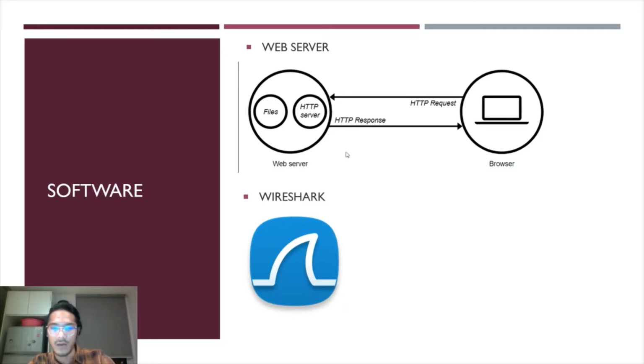For the web server, there are several sections of a web server which control how users access the hosted files, from the web server to the browsers and from the browsers to the web server, which uses at least one HTTP server.